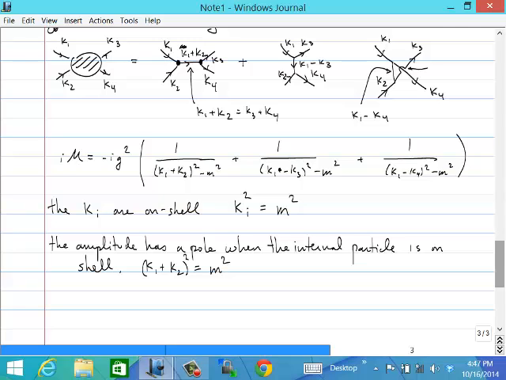You might naively think that this amplitude would be some complicated function of k1, k2, k3, and k4. Together they really contain 16 degrees of freedom because each k has 4 components. But 4 of those are removed by the condition that these k's are on shell. So that leaves you with 12 degrees of freedom.